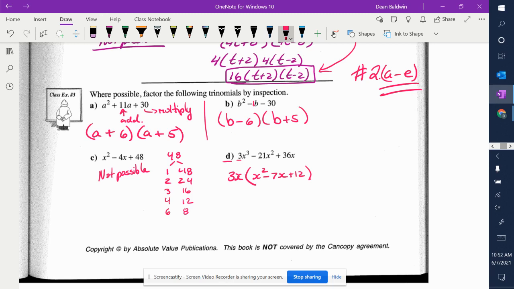Then look at what's inside the brackets. It's a trinomial. What would multiply to 12 and add to negative 7? Negative 3 and negative 4. Okay. So then you can factor.